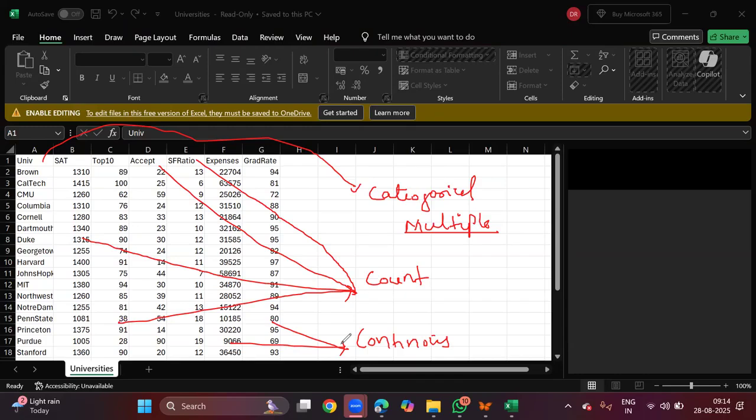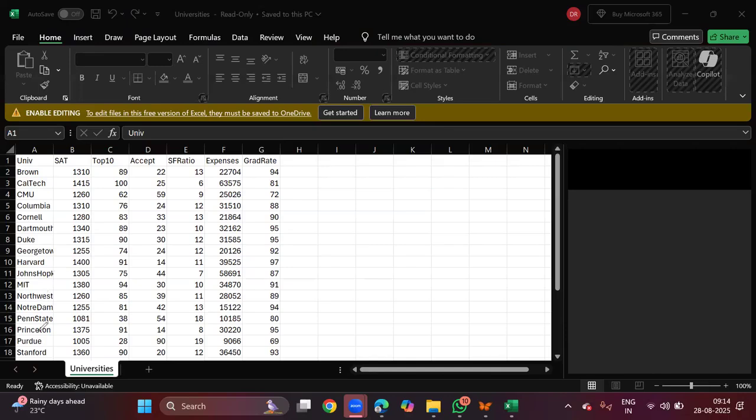Okay. As soon as we do this, we will prepare a data dictionary. This is called a data dictionary. Data dictionary in the sense that you should write, okay, graduation rate is taken in percentage, expenses is taken in dollars.